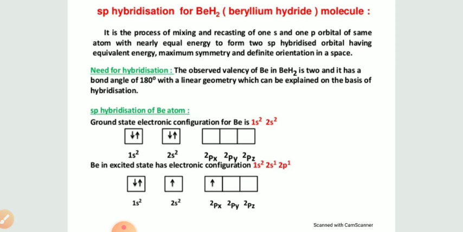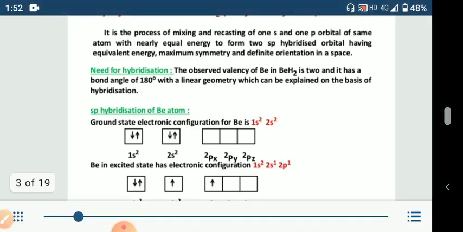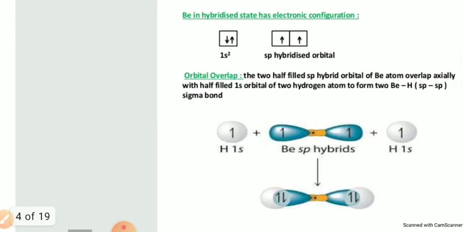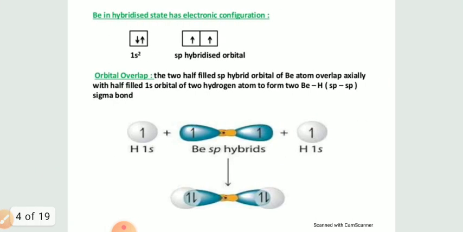So first we write the ground state of beryllium, 1s2 2s2. Then in the excited state one electron from 2s shifts to the 2p orbital, resulting in the formation of sp hybridized orbitals.